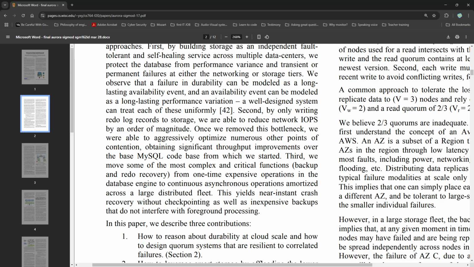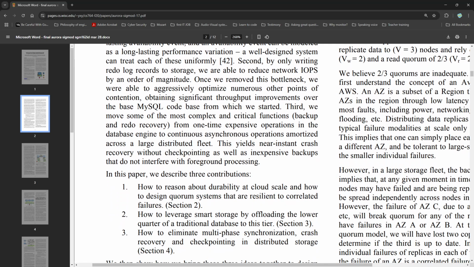Second, by only writing redo log records to storage, we're able to reduce network IOPS by an order of magnitude. Once we removed this bottleneck, we were able to aggressively optimize numerous other points of contention, obtaining significant throughput improvements over the base MySQL codebase from which we started.